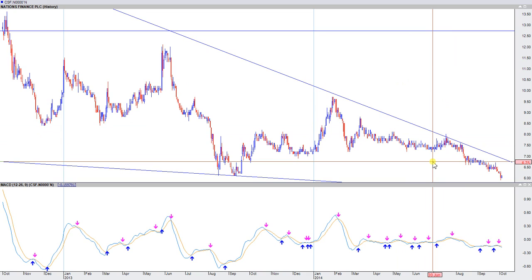Ironically, like I said before, this is the same price that GEM, the private investor, invested at in the initial investment that came in. So that's about CSF, or Nations Finance PLC.